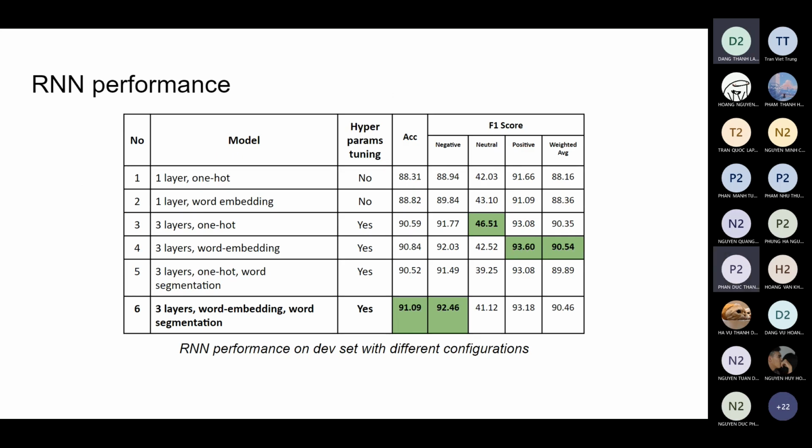So this is the performance of RNN on the development set with different settings. As you can see, RNN alone can achieve about 88% accuracy. Not so bad, but not so spectacular either. After tuning, adding more layers, using word embedding and word segmentation, we can improve the results significantly.